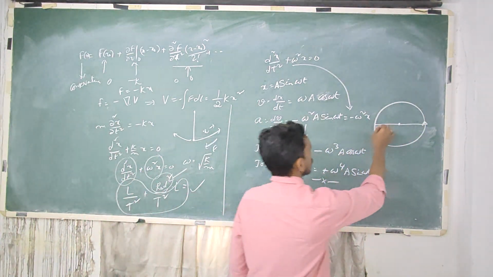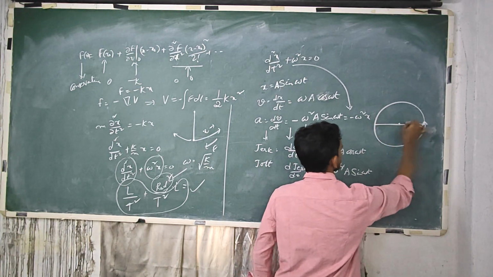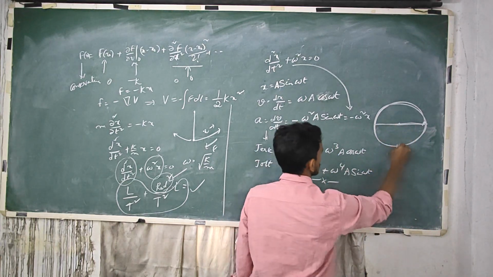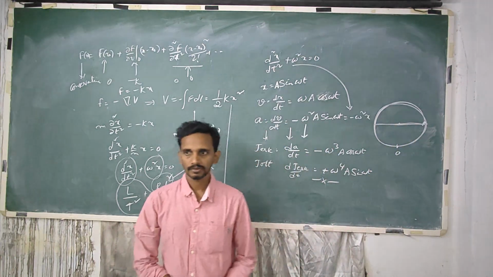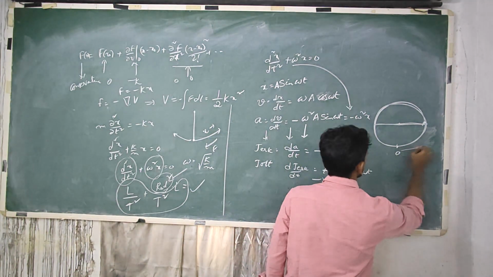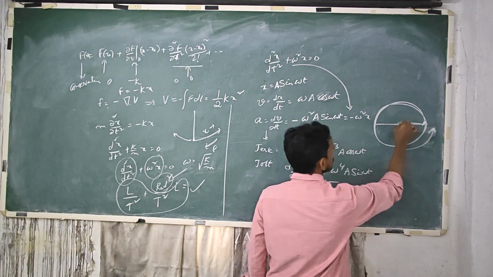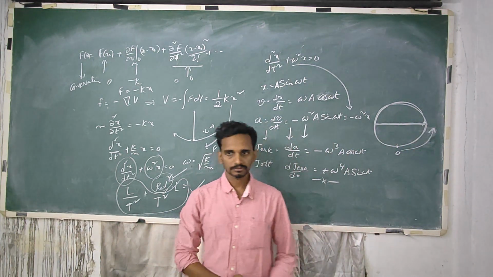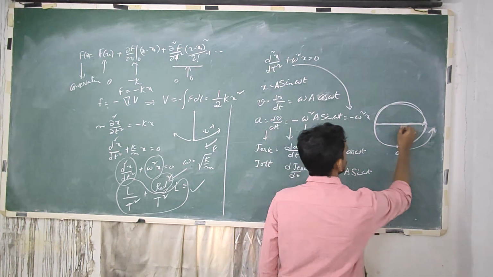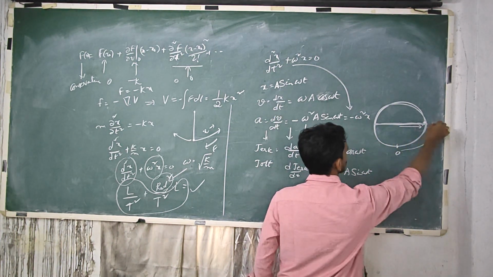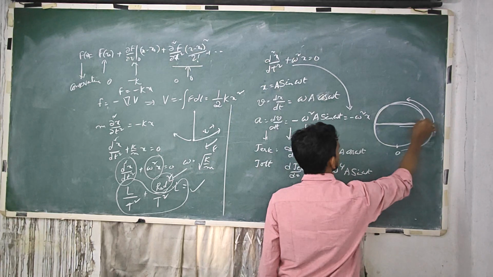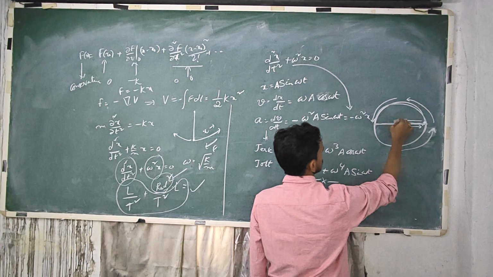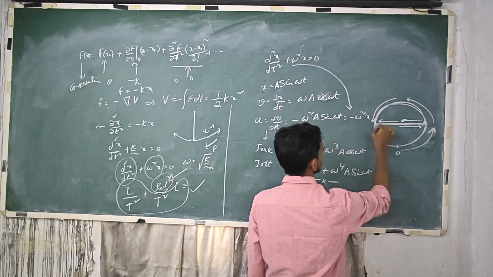let's say I'm keeping a mirror here and this is a track. Somebody starts from here and keeps on traveling along this path. Then the image of the person on the diameter will move from here to here, and as the person travels in this track, it moves in this direction.